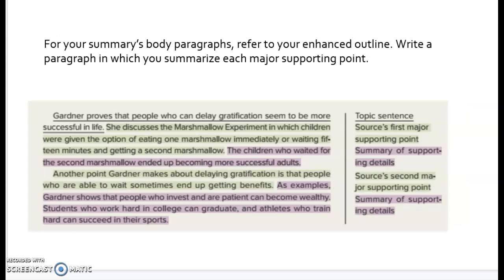From there, then you go to your outline and you write a paragraph in your own words that follows the first main idea and the major supporting details. Second main idea, those supporting details. And you just work your way through the outline, putting them in paragraph form.